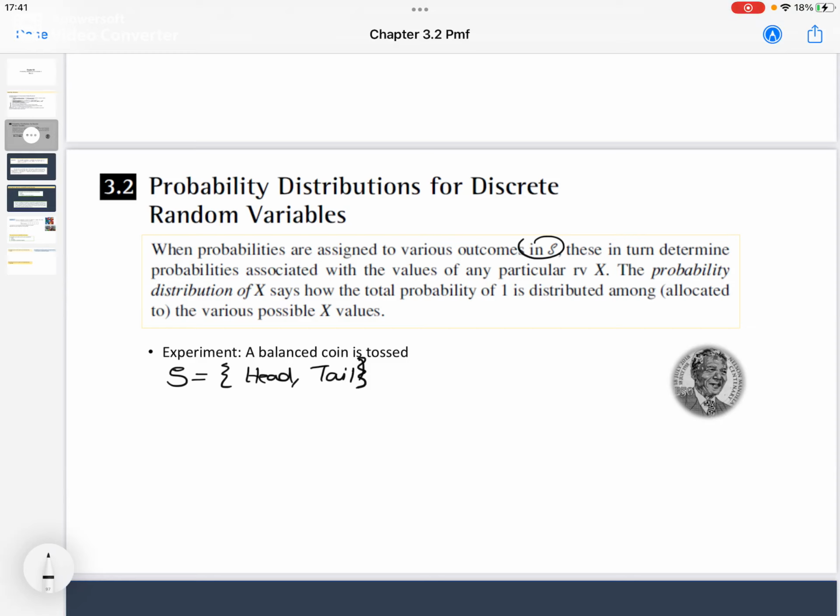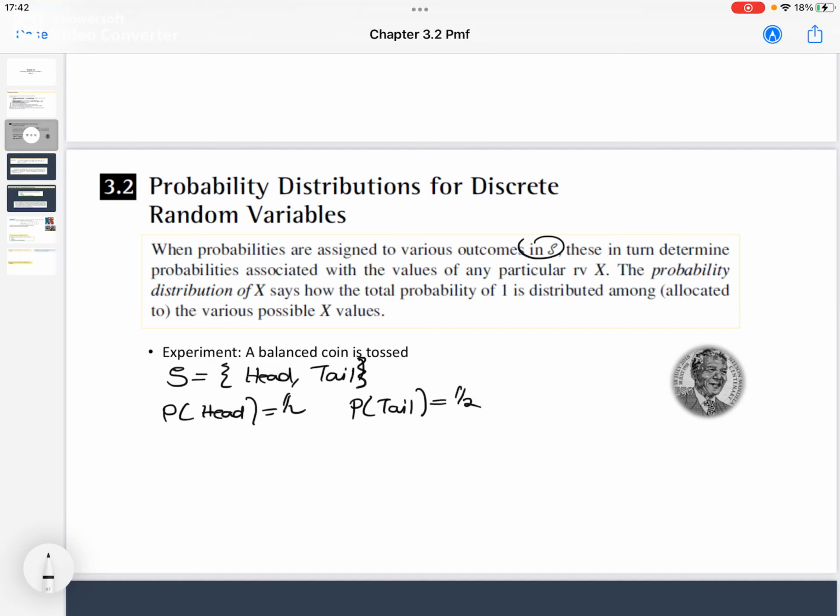We know the probability of getting a head and the probability of getting a tail, since we assume it's a balanced coin with only two sides, one side head and the other side tail. The probability of getting a head is a half, and the probability of getting a tail is also a half.